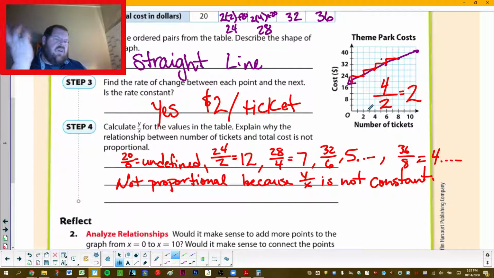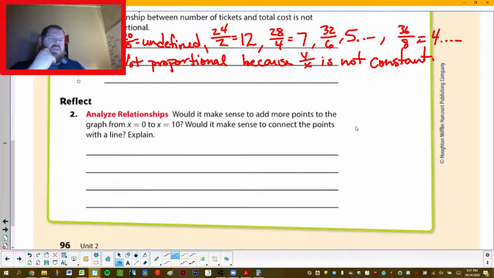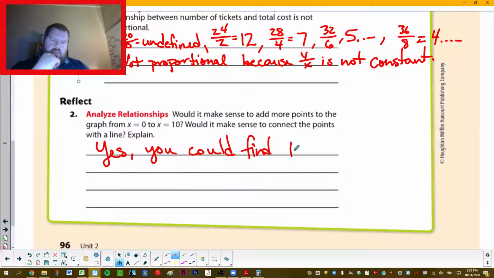I mean, you could, right? You could figure out how much it would cost you total if you bought 5 tickets or 7 tickets. But we're probably not going to buy a fractional amount of tickets, so there's only so much that you can do. But yes, you could. I'm just going to say you could find the cost of 5 tickets.